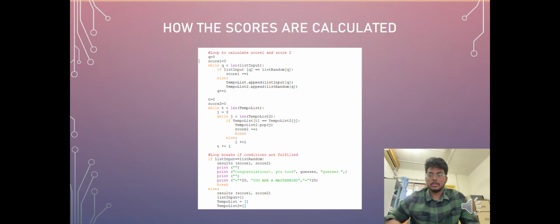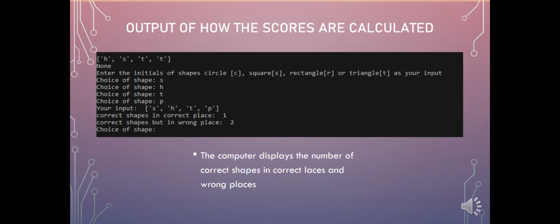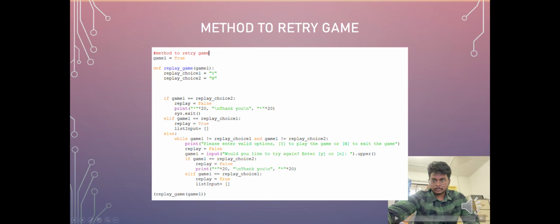Here it will show whether the correct shapes are in correct order, or whether the correct shapes are in wrong order. So this is the code to enable users to retry the game, and then following is the output, so you can choose whether to exit the game or try again.